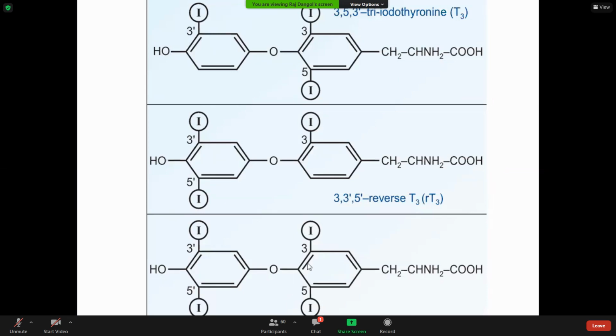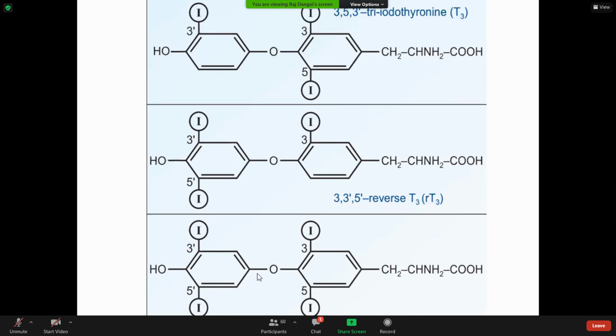Here you can see the thyronine molecule. This thyronine molecule is made up of two phenolic groups, and among them one is bound with an alanine chain. So this is the alanine chain. On that, iodine is bound at the third, fifth, 3', and 5' positions.